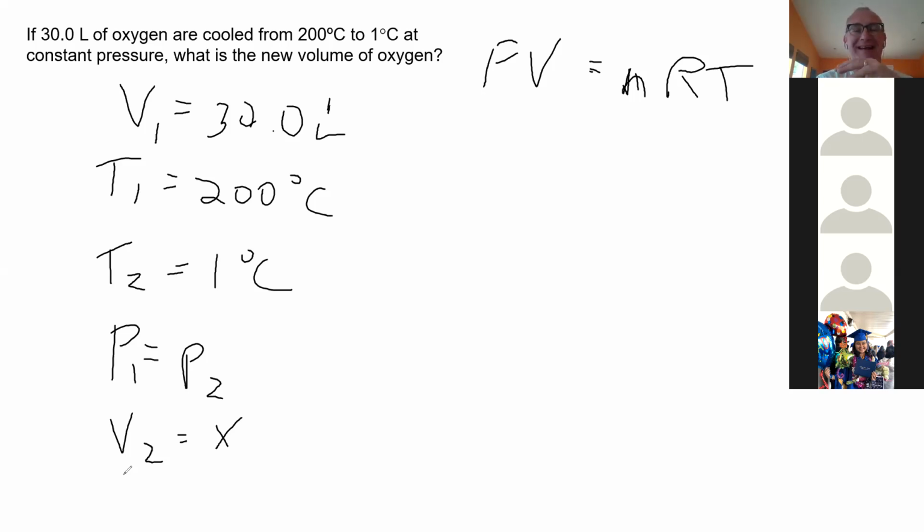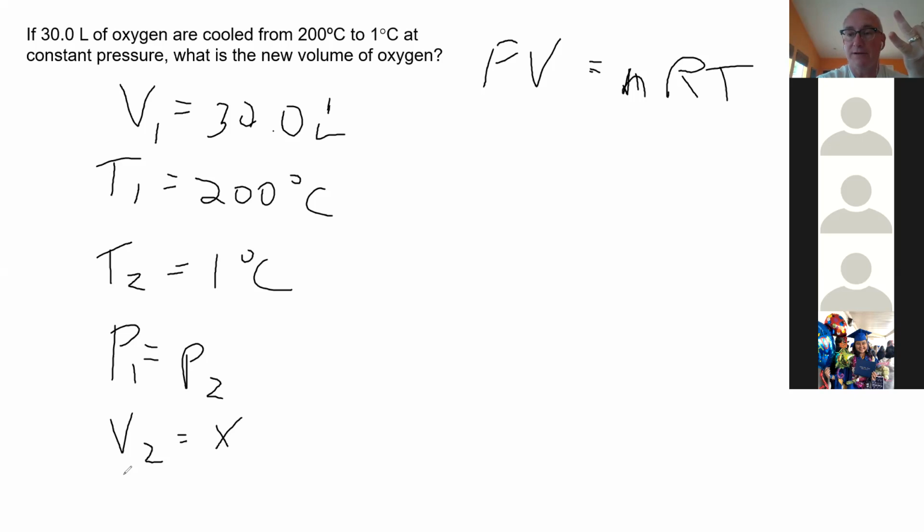So basically what I'm asking is, when we're dealing with gases, there are certain units we need in order to do these problems. Pressure is going to be in atmospheres.